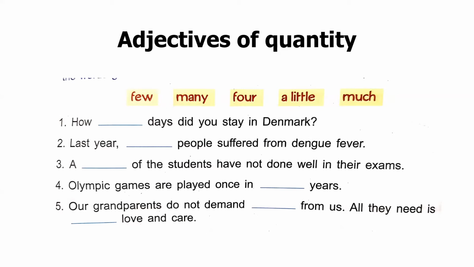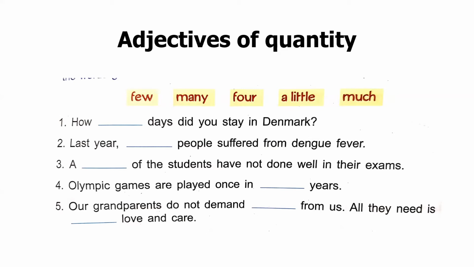Last year, dash people suffered from dengue fever. How many people? A few people. Last year, few people suffered from dengue fever. Number 3. A dash of students have not done well in their exams.